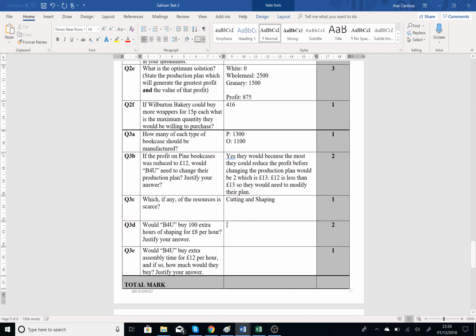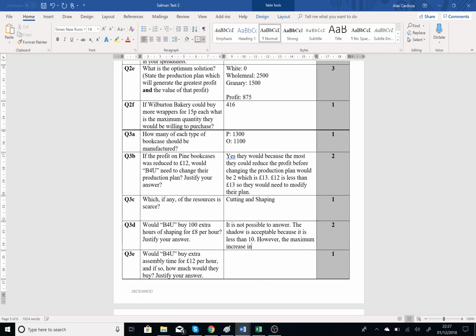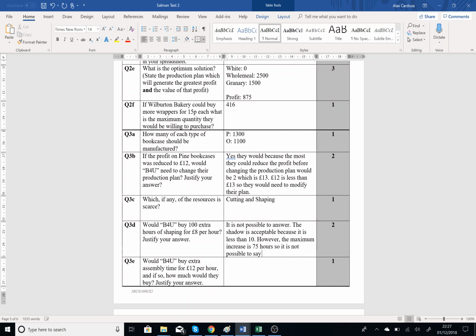So you would say it's not possible to answer. The shadow price is acceptable because it is less than 10. However, the maximum increase is 75 hours, so not possible to say.